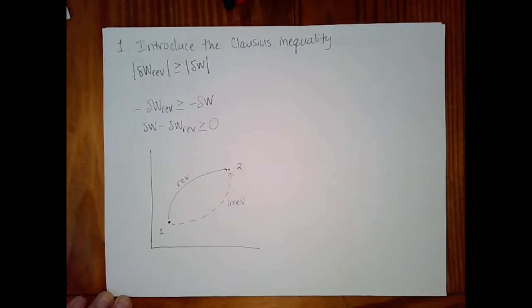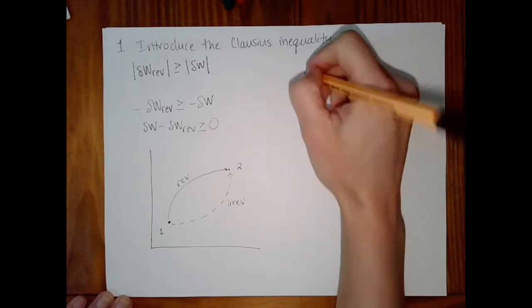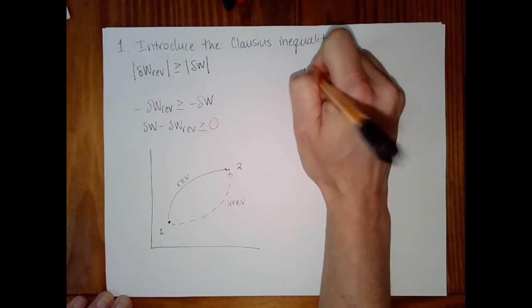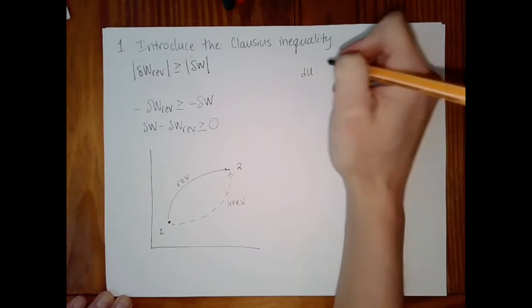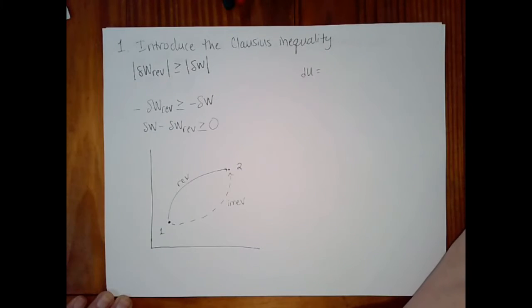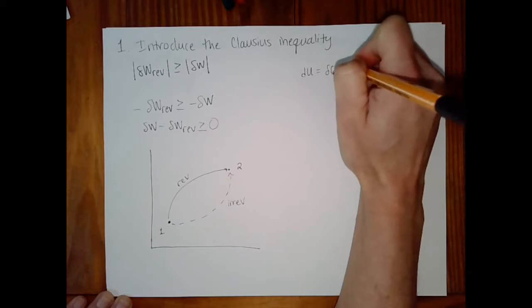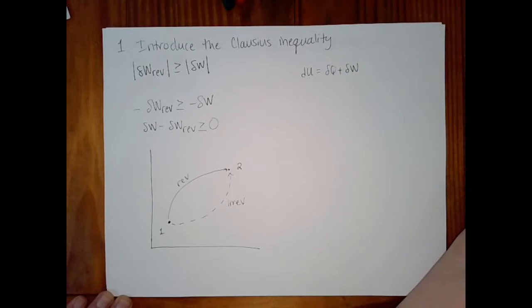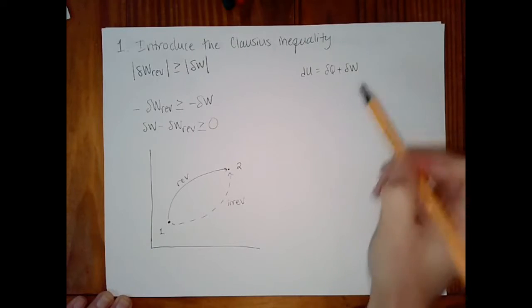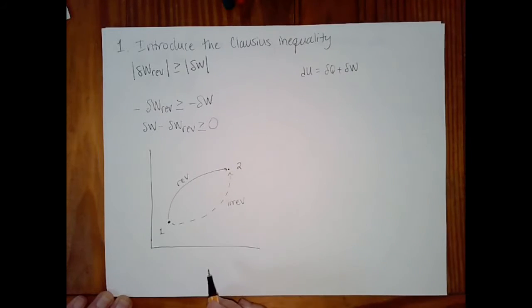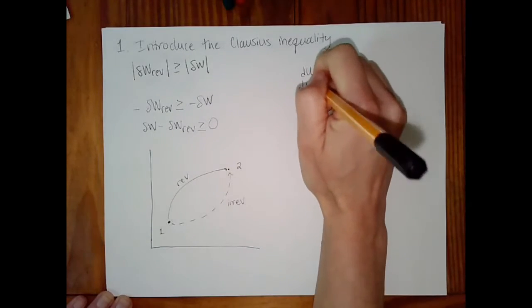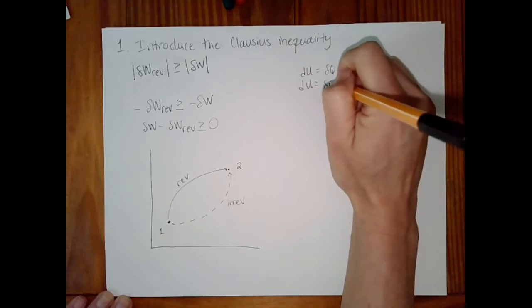For each of these processes, I can write down the first law. I can say that the change in internal energy for state 1 to 2 is going to equal the amount of energy transferred in and out of the system in the form of heat and work. And this is true for the irreversible process, but it's also true for the reversible process.